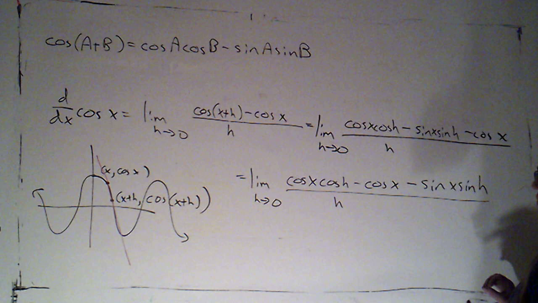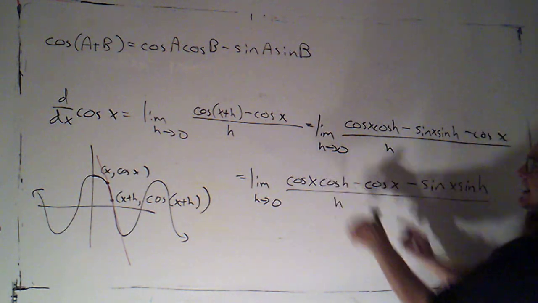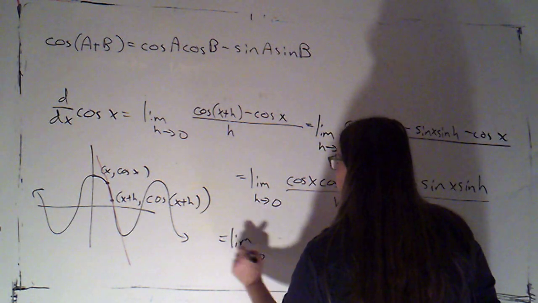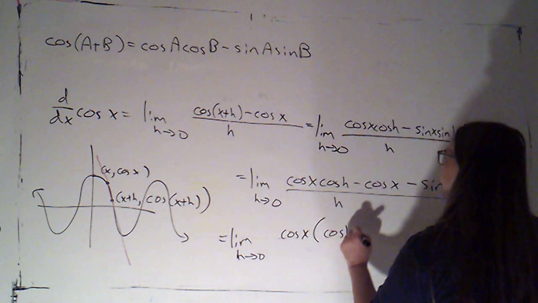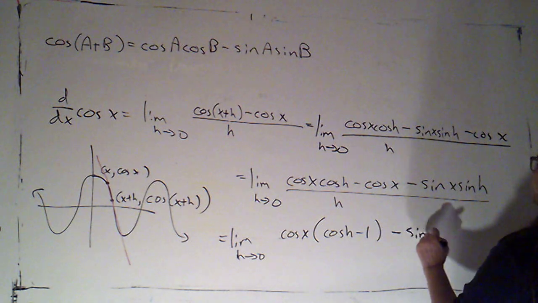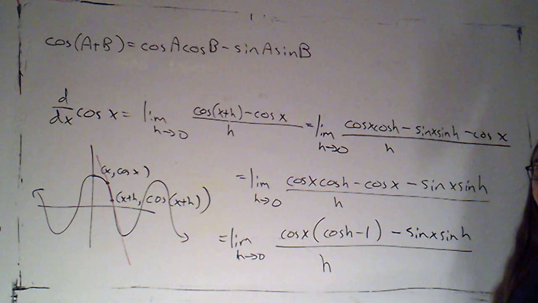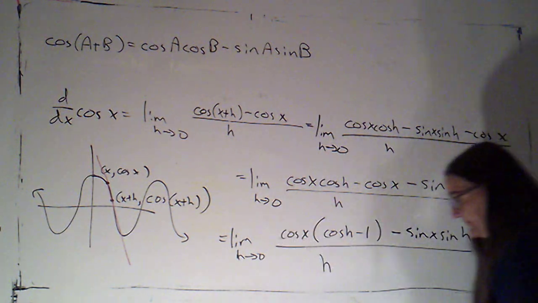And these three terms, I'm going to break into two groups. I'm just going to pair these up so that I can factor out that cosine. So this is the limit as h goes to 0 of cosine of x, which is multiplied by cosine of h minus 1, and then minus sine x sine h all over h. So here are those first two terms just written in a factored form.